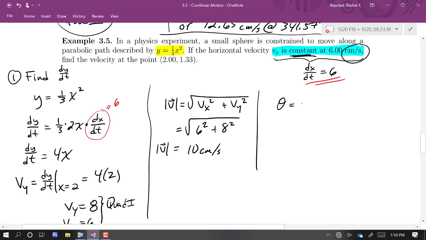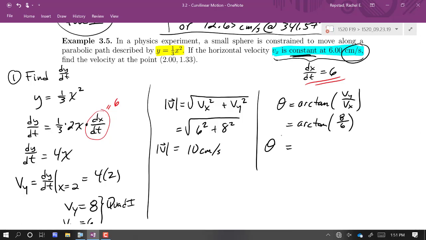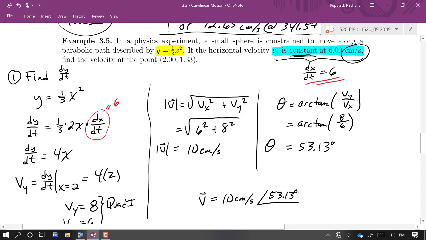And theta, no adjustments needed, so it's just arctan Vy over Vx. 53.13 degrees. So our velocity vector is 10 centimeters per second at an angle of 53.13 degrees.